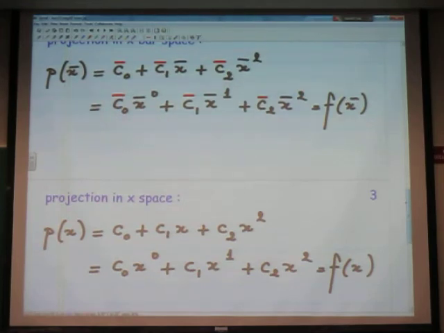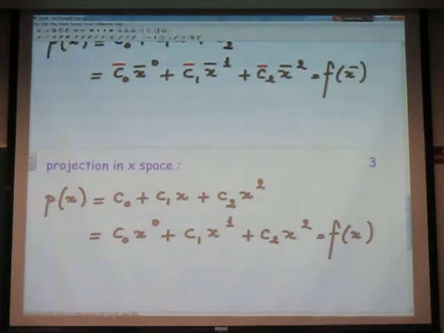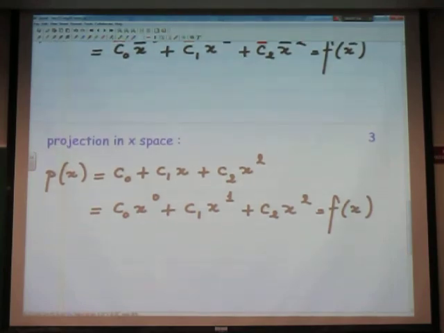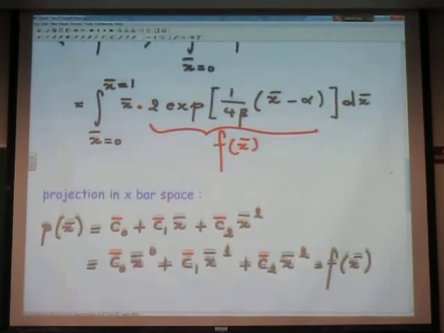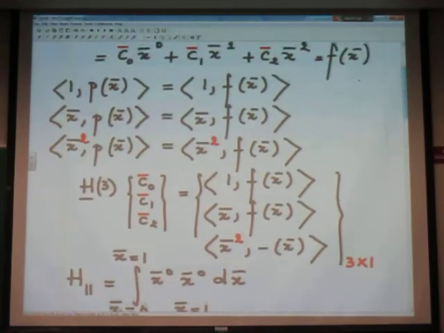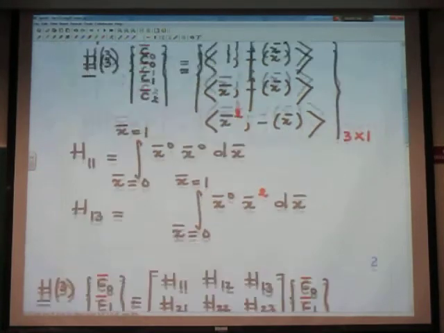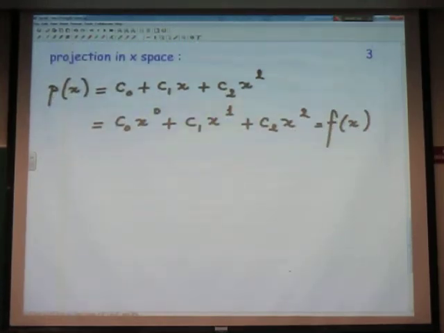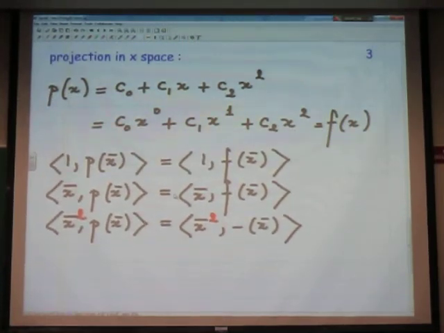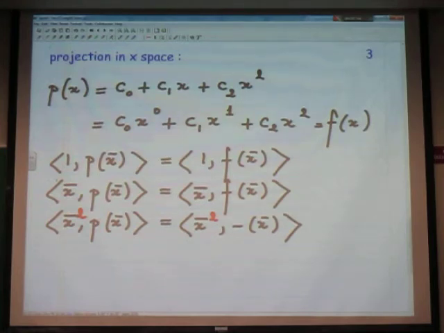The difference between the two is that when you form the scalar product, okay, so here let me go up here and copy so that I can do it faster. Yeah, so here, if you do this, form the three equations, okay, and if you do it in the X space, you remove the bar and you don't have the same equation, okay, of course.